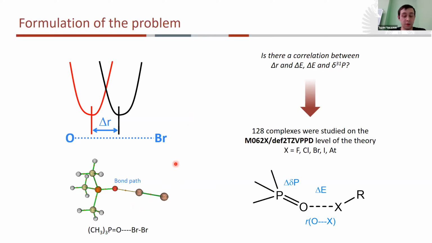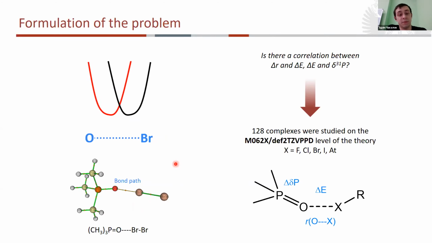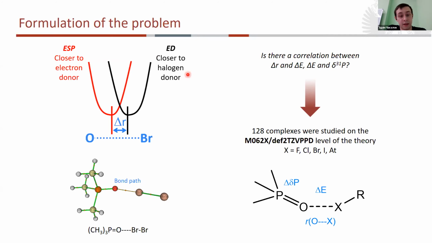Just a couple of years ago, an electronic criterion was established, according to which when the halogen bond is formed, the electron density minimum is closer to the halogen donor, while the electrostatic potential minimum is closer to the electron donating oxygen atom. And the distance between these two minima seems to be sensitive to the electronic structure of the interacting moieties.